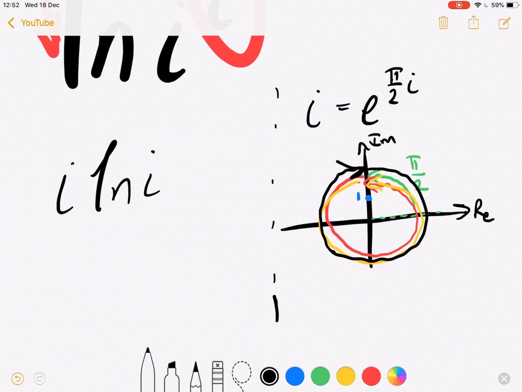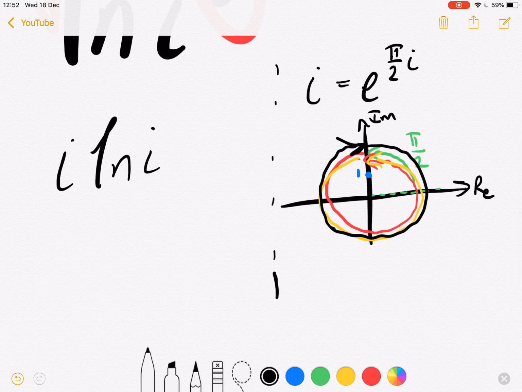So how do we represent this? Well, it's actually quite simple. It should be noted that every time we go round, and this works for any point in the complex plane, it's 2 pi radians. As you know, 2 pi radians is the full circle.